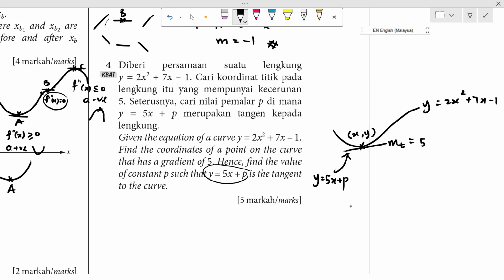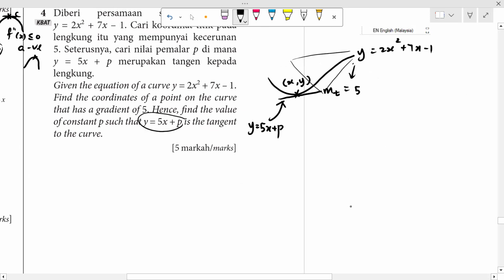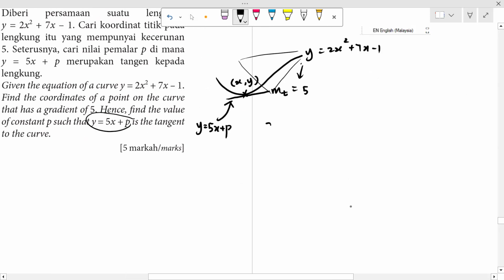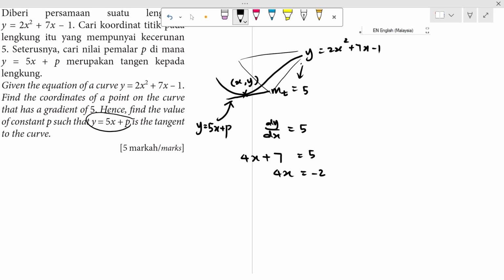So what can we do first? This golden triangle here, right? I do this one first. Come down to differentiate. So I know that my dy by dx equals to 5. So what is dy dx? It is 4x plus 7 equals to 5. Isn't it? I can find x now. So 4x equals to negative 2.